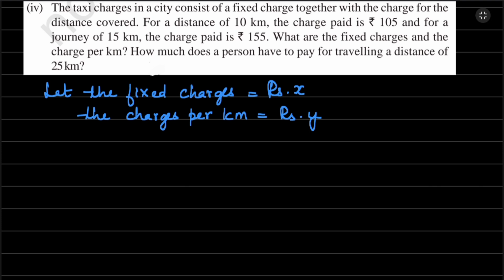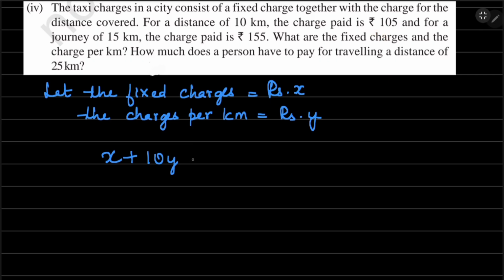Okay, now according to the question, what is the first condition? For a distance of 10 kilometers, that means the fixed charge is X plus, for each kilometer, the cost is Y. So for 10 kilometers, how much will it be? 10Y. So X plus 10Y is the total charge. How much has the person paid? 105.